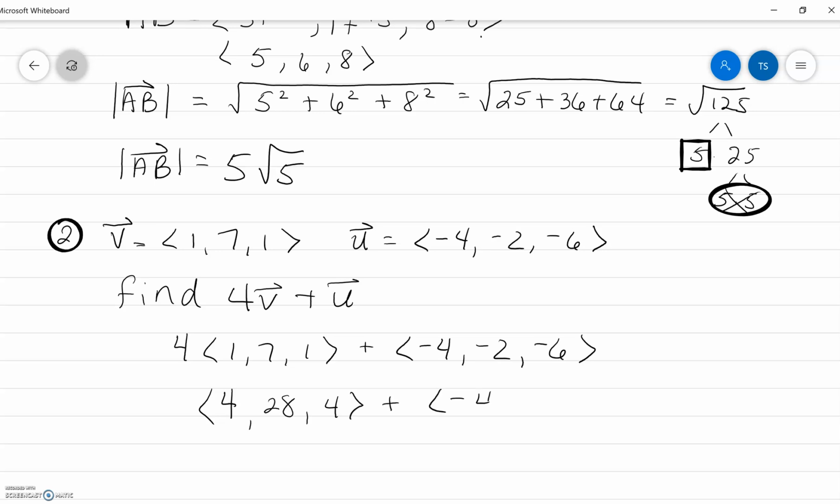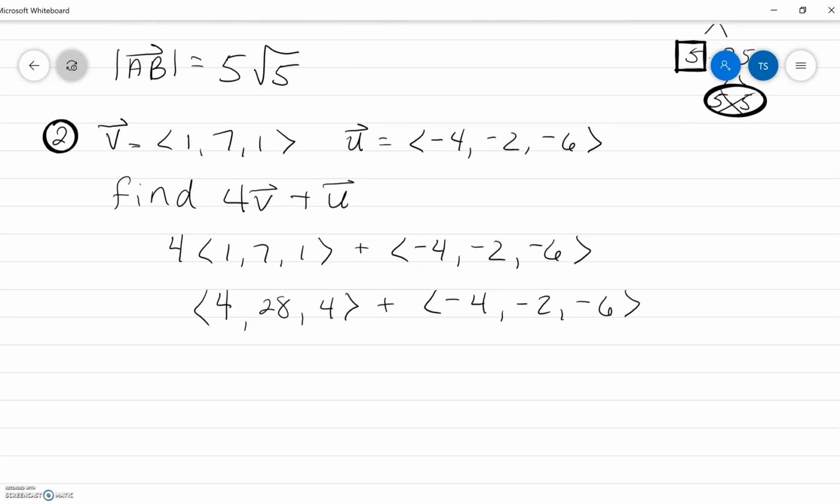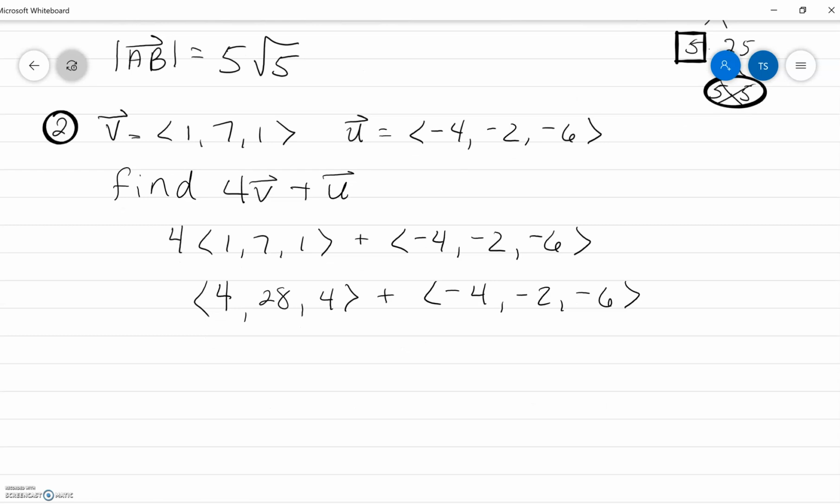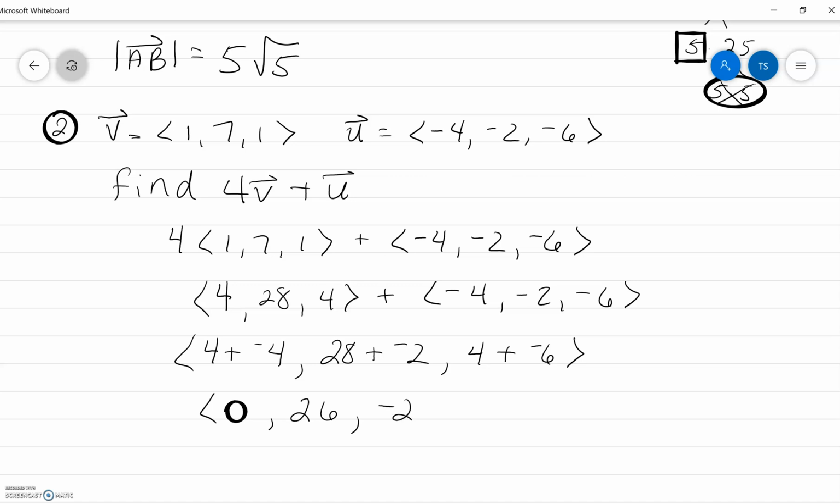And then we're going to add them to their corresponding components in the other vector. So it's going to be 4 plus -4, 28 plus -2, and 4 plus -6. Do that, we're going to end up with an ordered triple of 0, 26, -2.